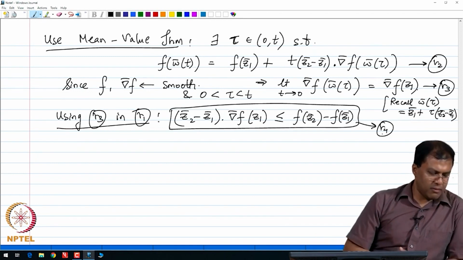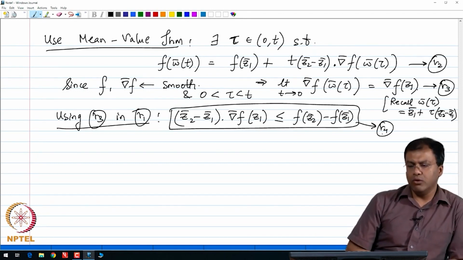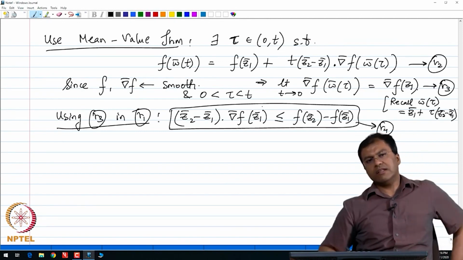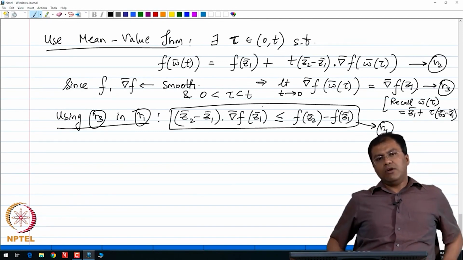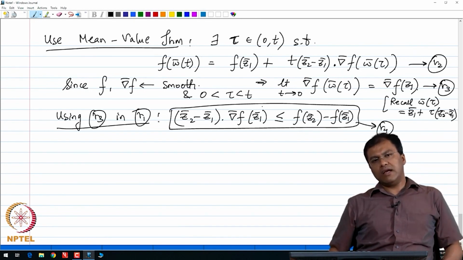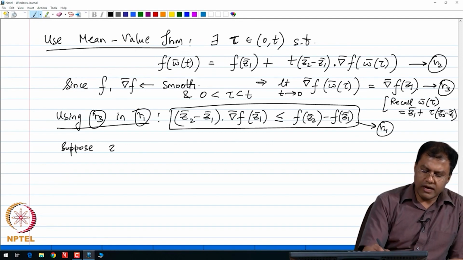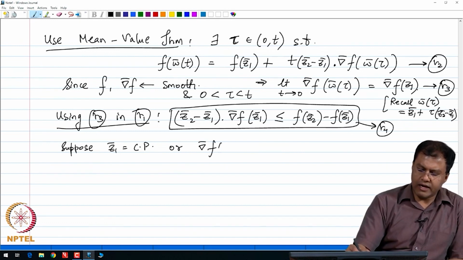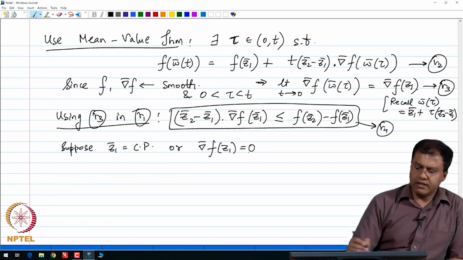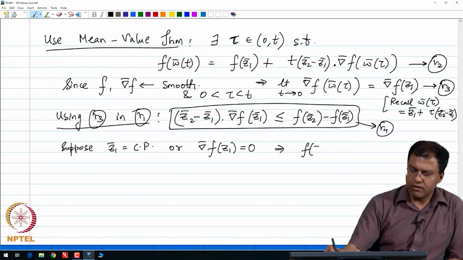Okay. So, from R4 further, we are talking about functions in finite dimensional space in R2, and we know that a point z is a critical point provided the gradient vanishes. So, suppose z1 is a critical point, or I am saying that the gradient of the function at z1 vanishes, then I see that f of z1 is less than f of z2, right.